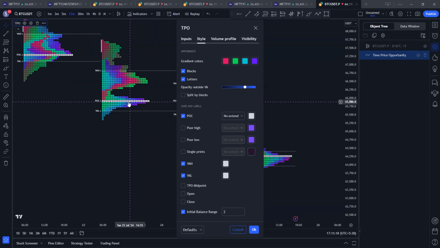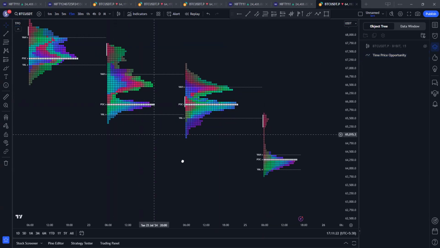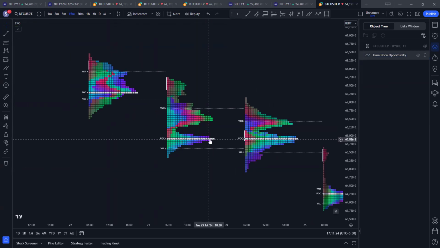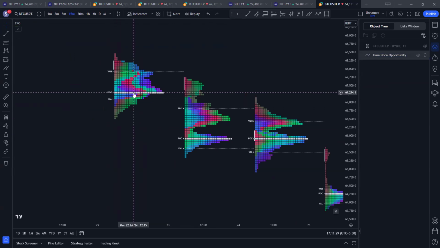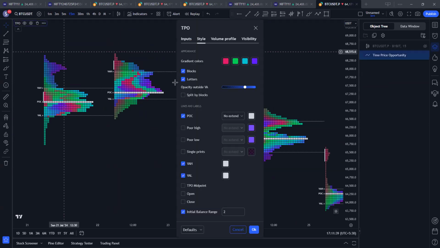In terms of TPO, it's the time, where most of the time was spent during market hours. In terms of volume profile, if it is showing you POC, it means that is where most of the volume took place, where most of the orders and interaction happened.